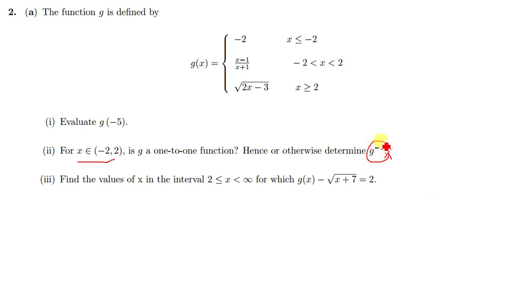Alright, so for this expression there, is g a one-to-one function? How do you determine if this is a one-to-one function? You find f of a and also find f of b. So from that interval, f of a will just be equal to a minus 1 over a plus 1.